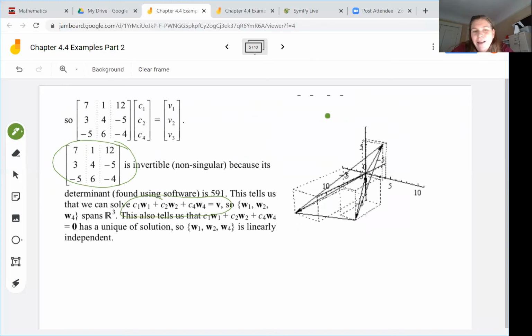This also tells us that if we set our equation equal to 0, there's a unique solution. So the set W1, W2, W4 is also linearly independent. And here's our 3D drawing over here, and you can see, hopefully, that the vectors are not in the same plane, and they do span R3.